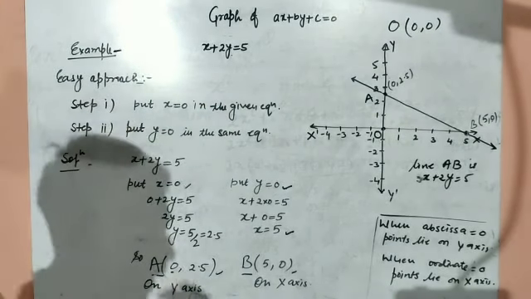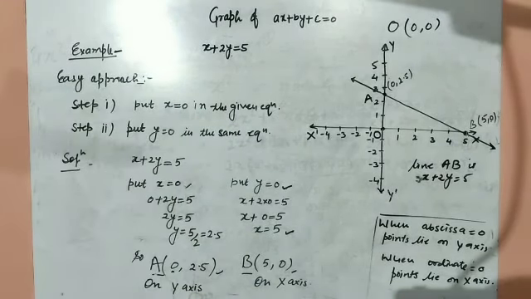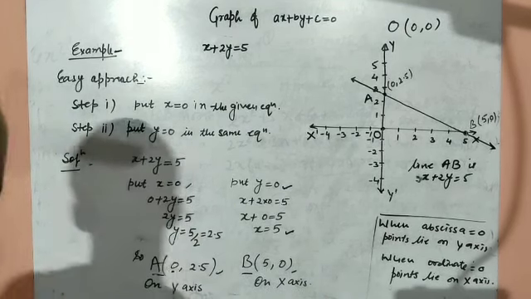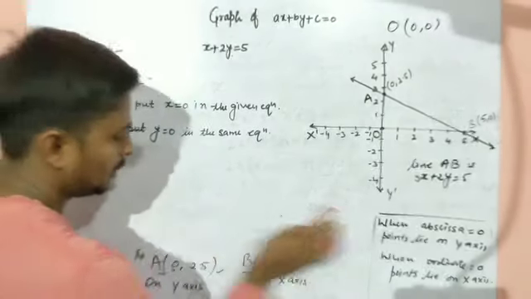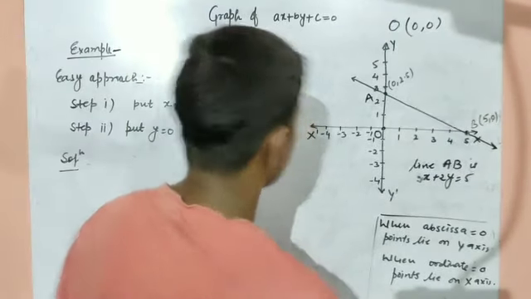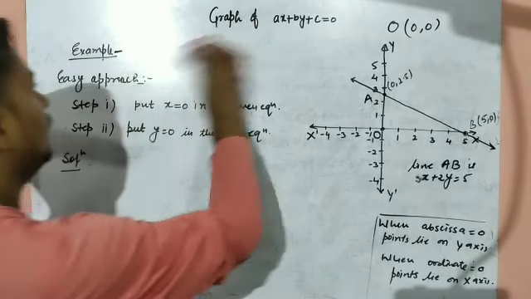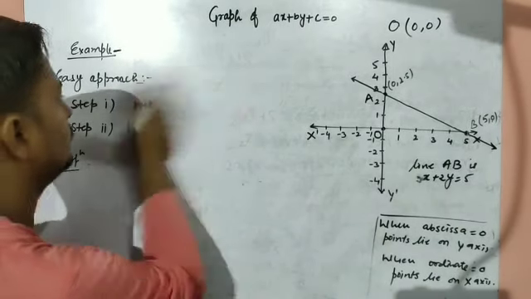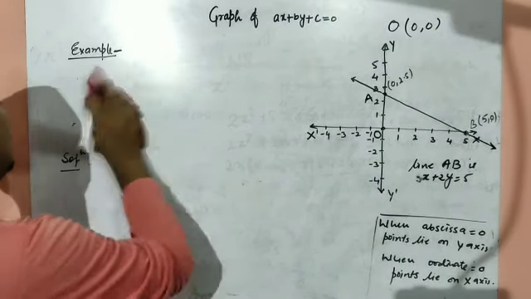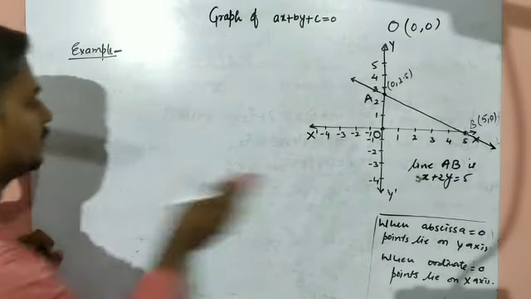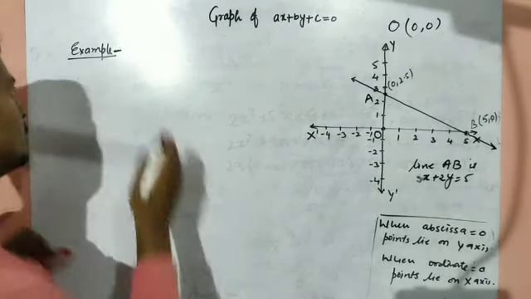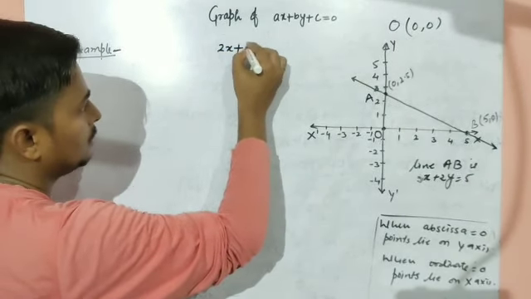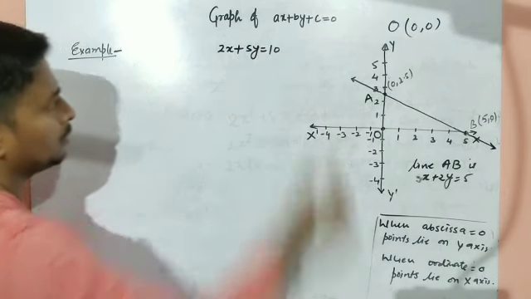Now suppose the example is, I think you have noted this, so I am erasing it. Not very tough things to learn. Only for x is equal to 0, y is equal to 0. The other example, I am taking 2x plus 5y is equal to 10.